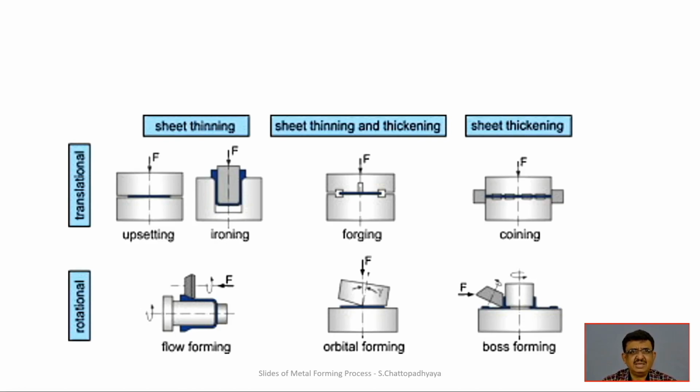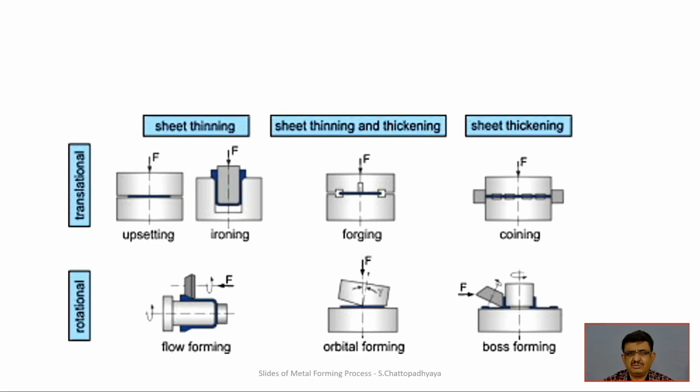Now we can see all those: sheet thinning, how the sheets and other things are thinned, then how other parts will have a different dimension, that is called upsetting, then forging, then coining, how the coins and other things are given shapes, or some kind of embossing is also possible.